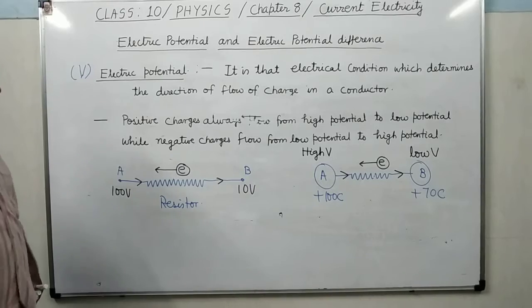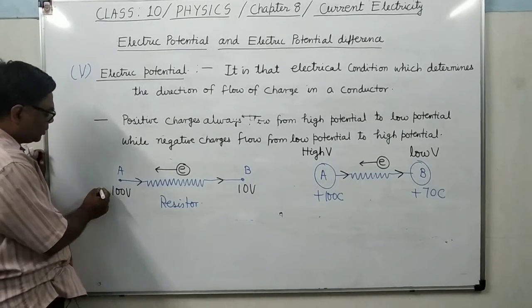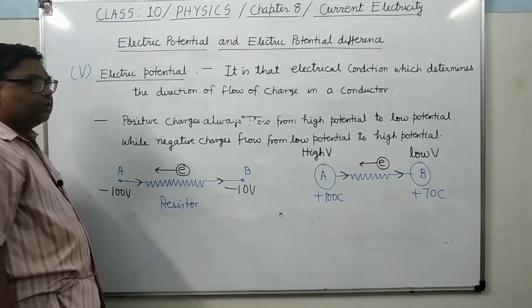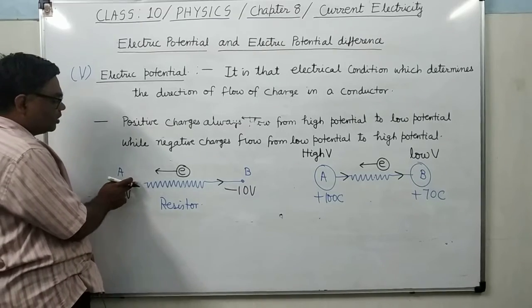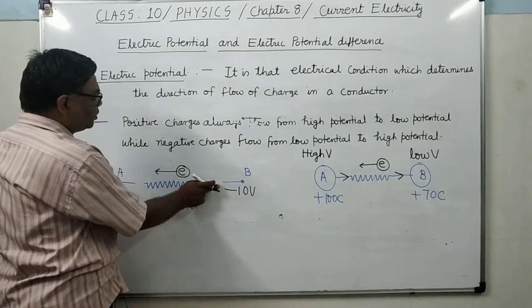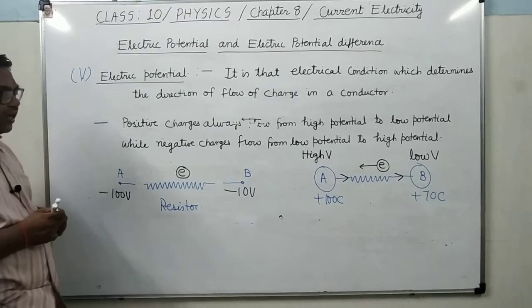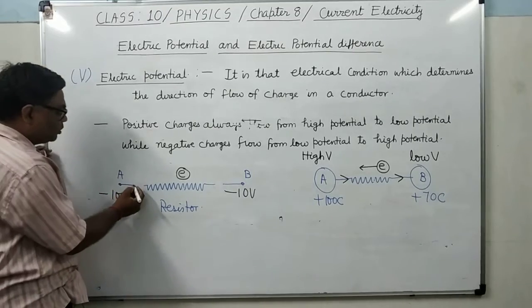You can take one more case here. Suppose this is at minus 100 volt and this is at minus 10 volt. Now which one will be at high potential? You will find that the potential of B is more. Why is the potential of B more?